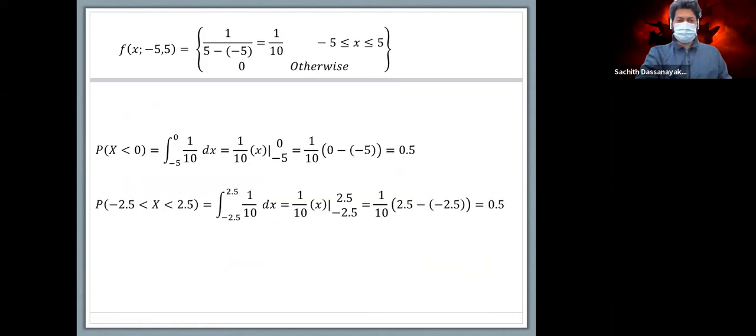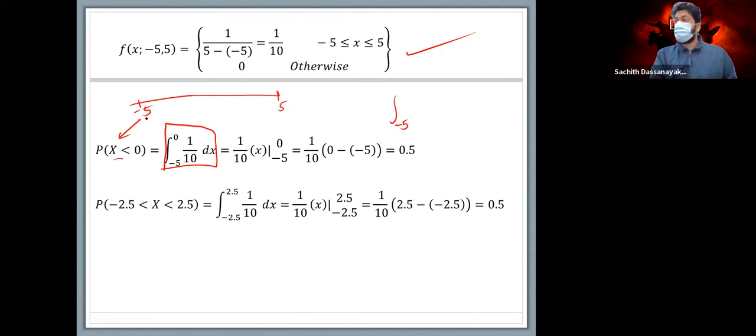Okay, let's do this. As I mentioned, your PDF is this: 1 over 10 within this range, otherwise it is 0. So first one, probability of x less than 0. You have to integrate. What's the lower value? -5. Up to where? It starts from -5, so up to 0, somewhere here.